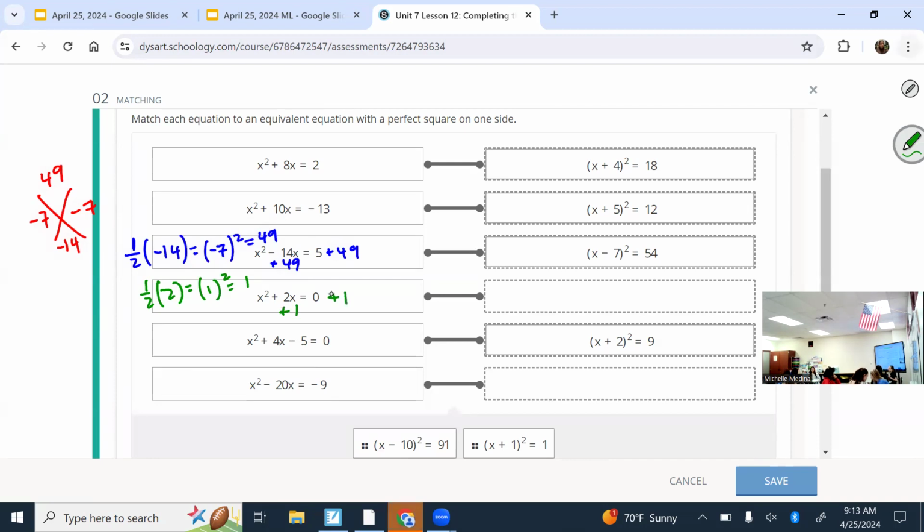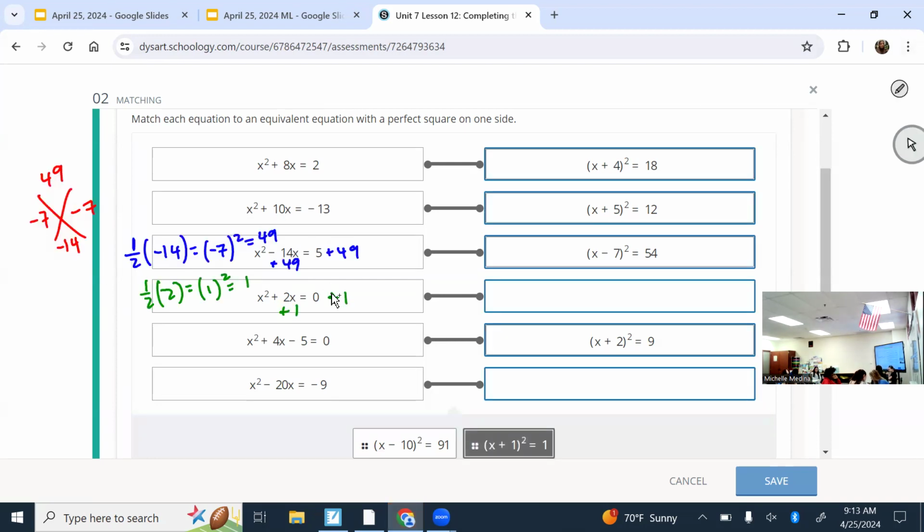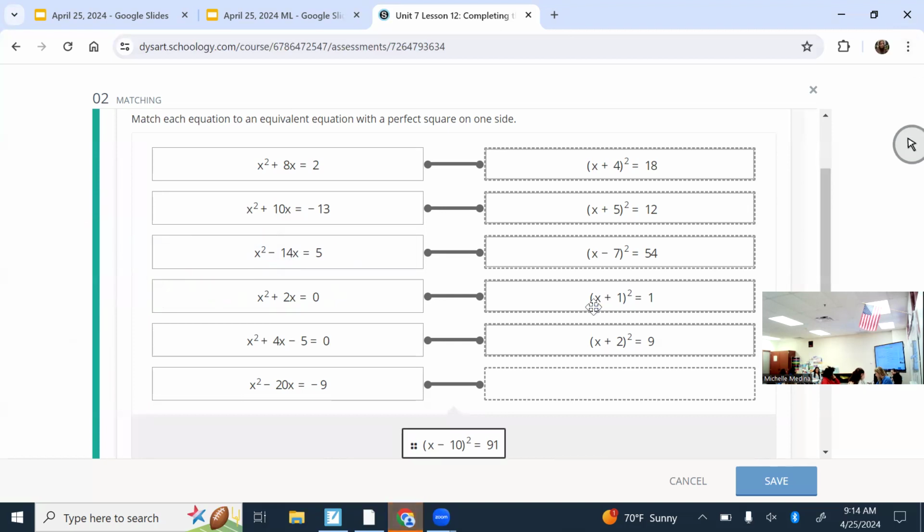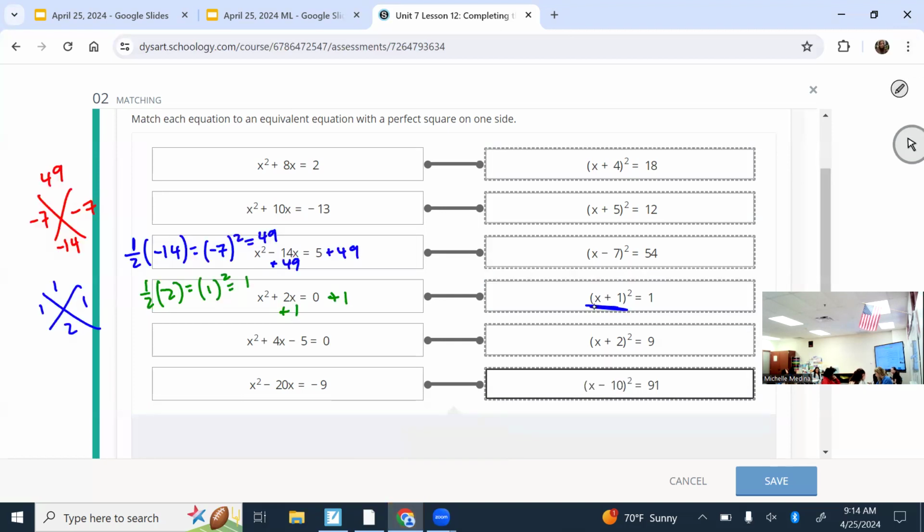And from that, I can tell my answer is going to be this one, because the right side ends up being 0 plus 1, which is 1. But they get the left side from factoring that trinomial. What multiplies to 1 and adds to 2? 1 and 1, so that's why it's a positive 1. So process of elimination, this one's the last one.